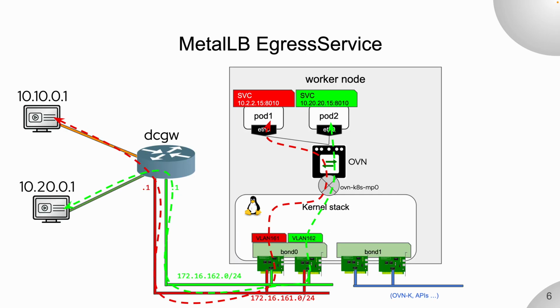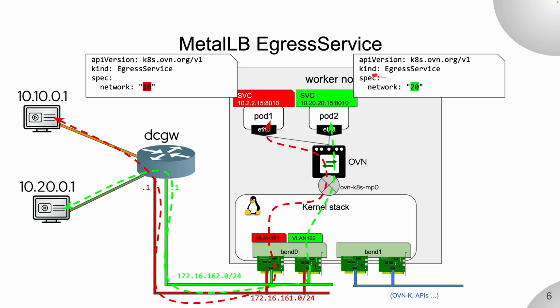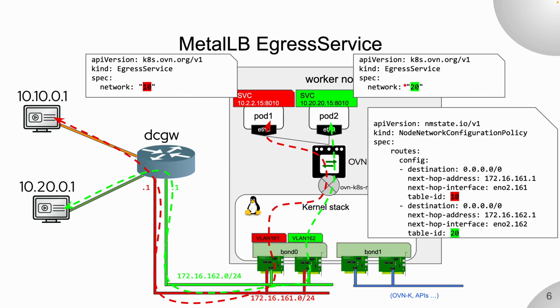So we have the same setup, same everything, except that this time we are going to associate an EgressService object with each and every service. In this EgressService object, you have the network here, which corresponds to a table number in the node network configuration.